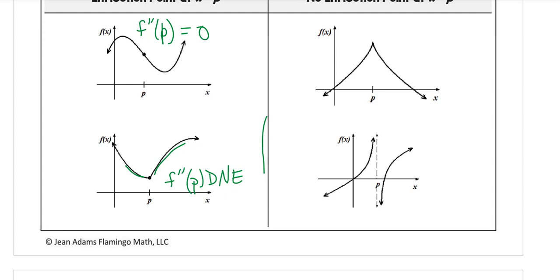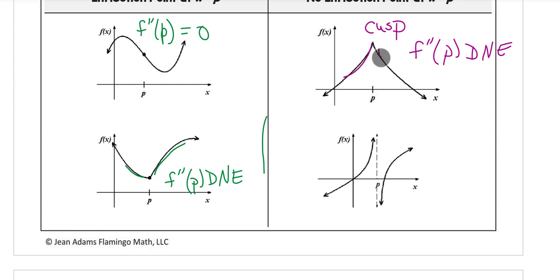Now that's a little different in the next set of pictures, where we do not have an inflection point. The reason for this is that at this cusp here, the second derivative does not exist, but the function does not change concavity.